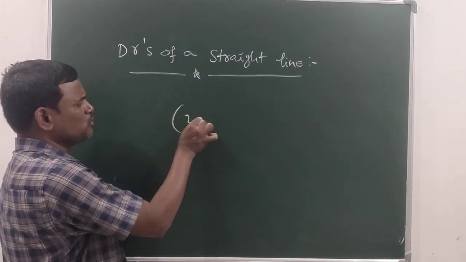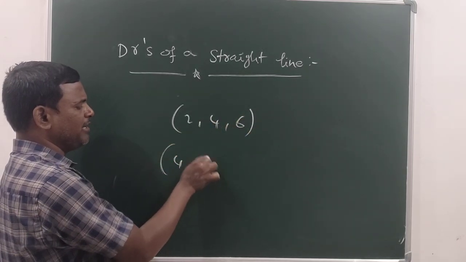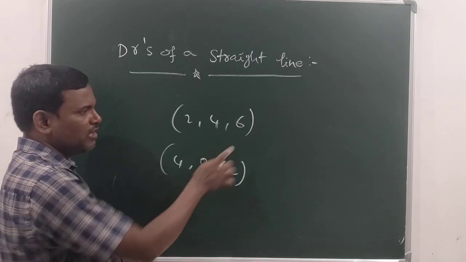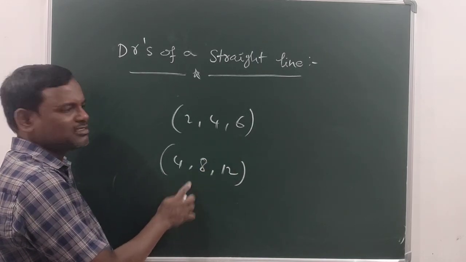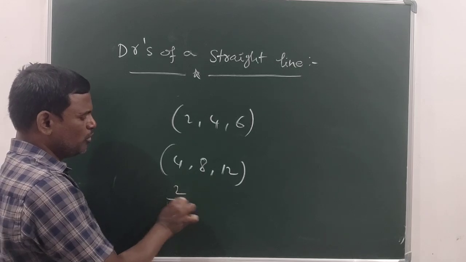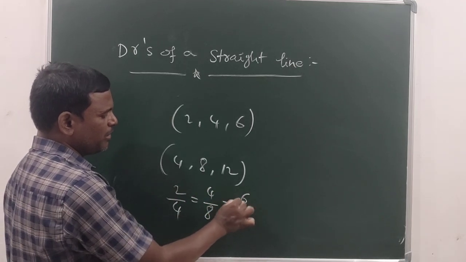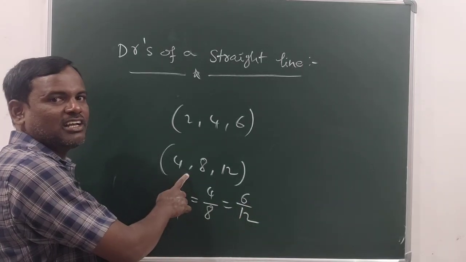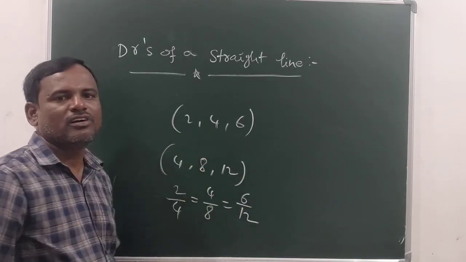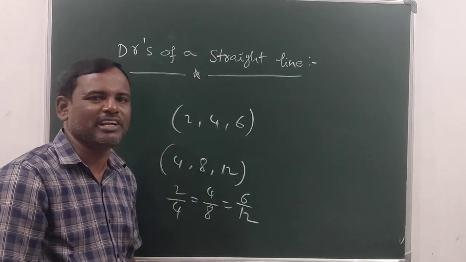See here, suppose 2, 4, 6. So you may get 4, 8, 12. If DCs of a line are given, then these will be called DRs, because if you take the ratio 2 by 4, like 4 by 8, like 6 by 12, you get same ratio. Hence these will be direction ratios of a line which contains 2, 4, 6 as direction cosines.